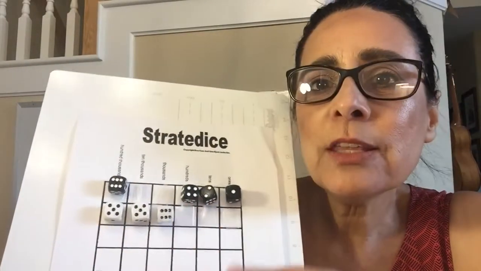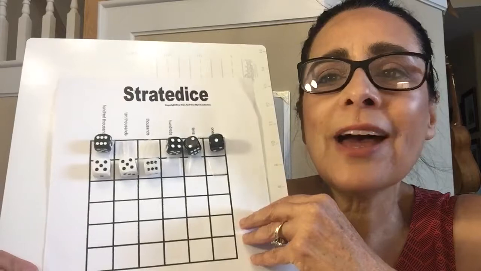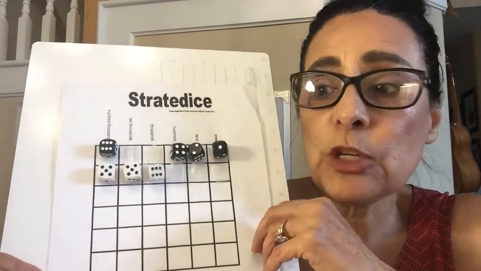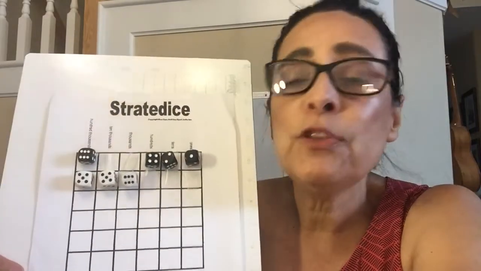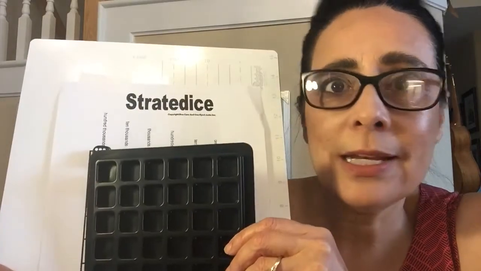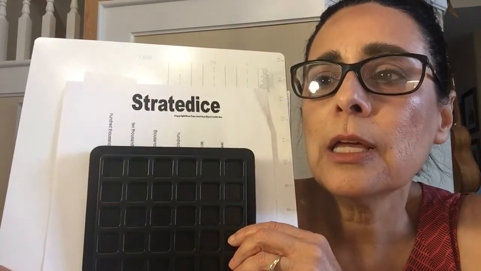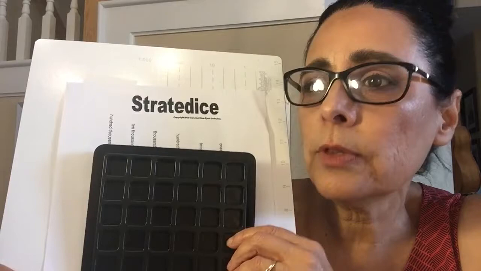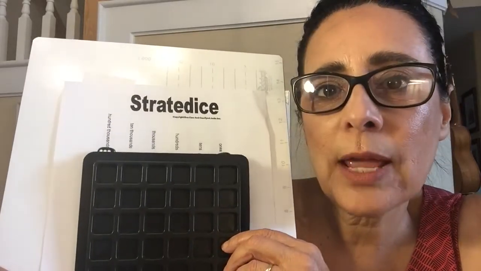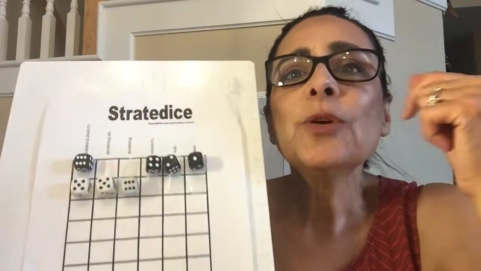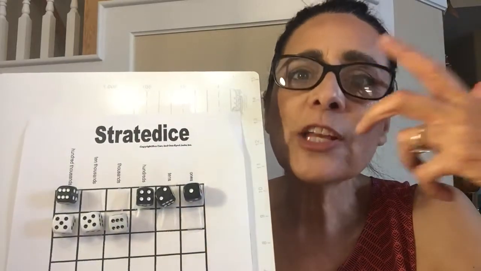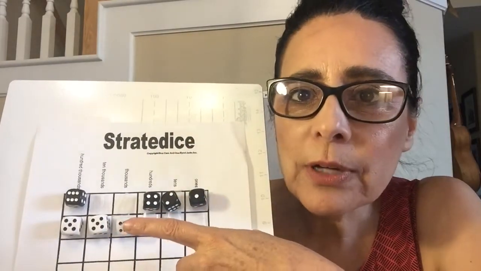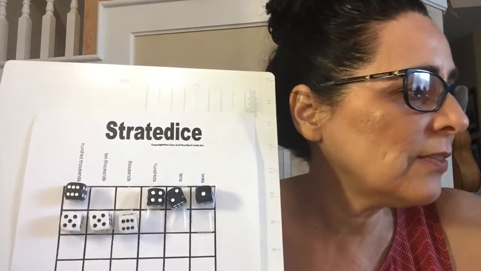And do you see there's no pencil markings on these? So I don't even laminate this. We just reuse it. And if you invest in the strategized trays, you can have them actually playing just like this in the actual trays. You could hear the language, the rich language, the strategies that were taking place during this activity.